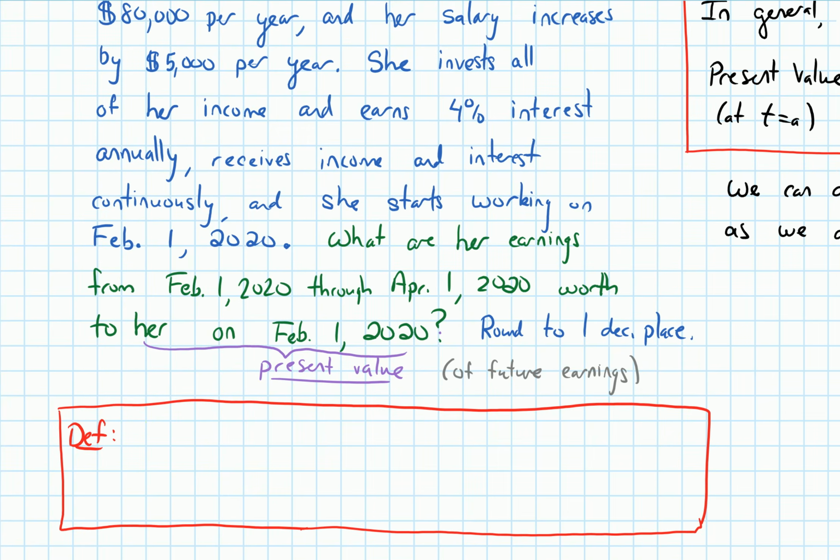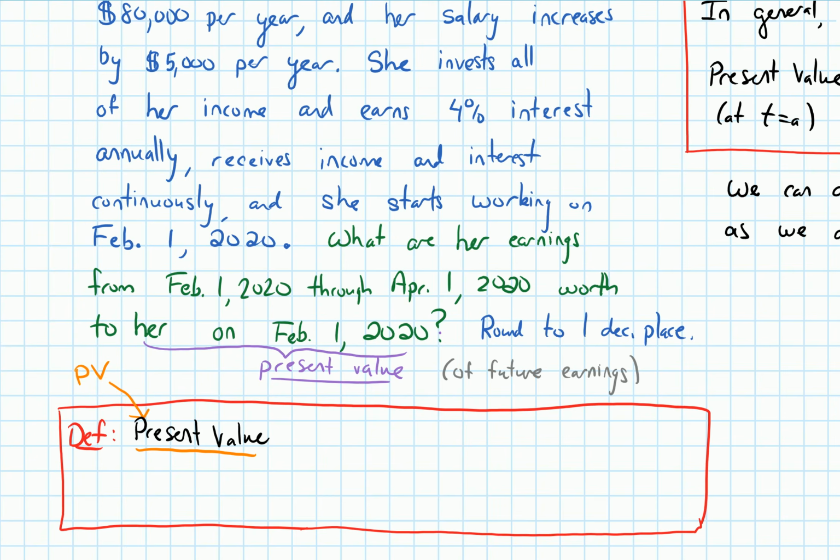Okay, so I want to give a definition. We said we're going to call this the present value, and we'll denote it with PV.